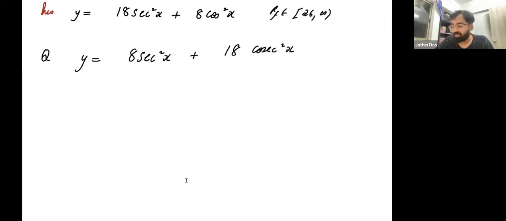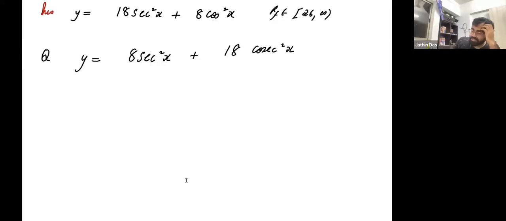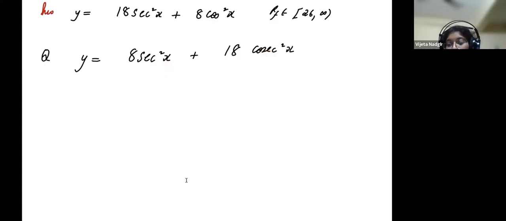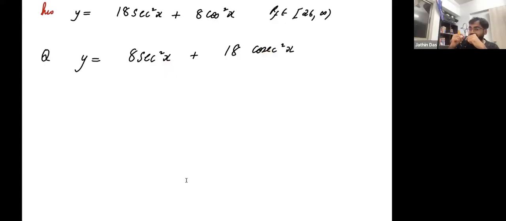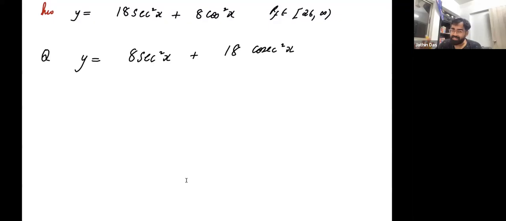Find the range. First, tell me, is it in reciprocal format? No. Are they reciprocal to each other? No. Then can I do something so that I get it like that? I can take the reciprocal and cross multiply and then I'll get 1. No, something else. Cosec and sec, square. Sec square, cosec square.